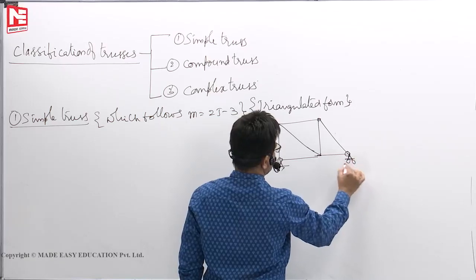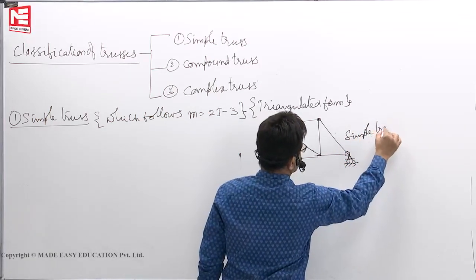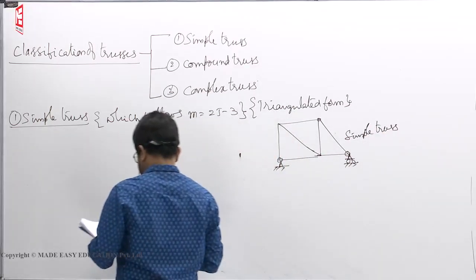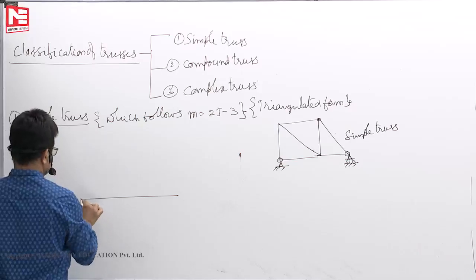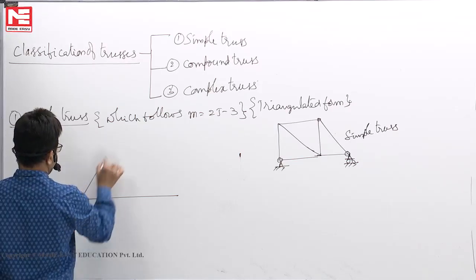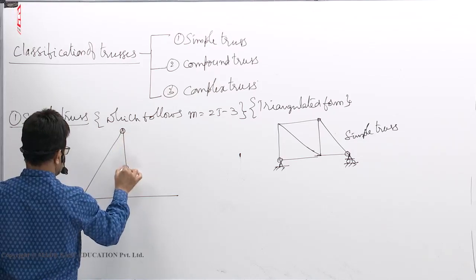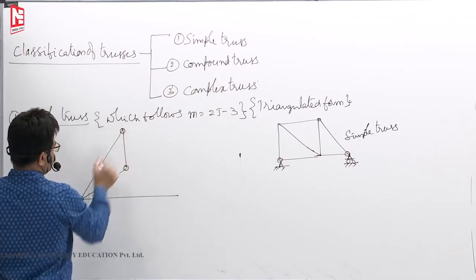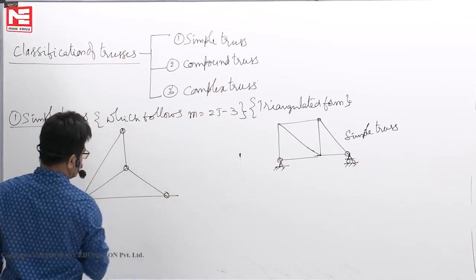All triangles we have formed, simple truss. Not necessarily triangles, you can make it like this also. First, you build this triangle, let us say. Next, when you are building this one, you make it like this.